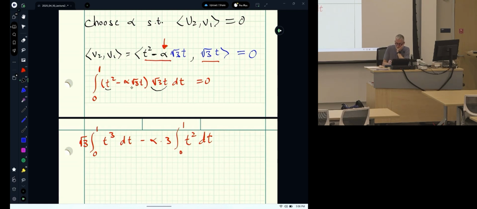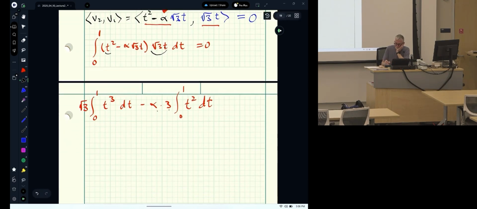And then the minus alpha, square root of 3, square root of 3, t squared. So what's the integral from 0 to 1 of t cubed? 1/4, yeah. And then the t squared we already did.